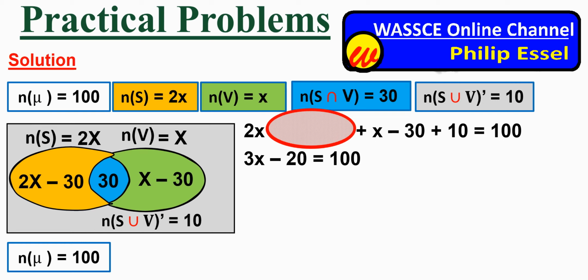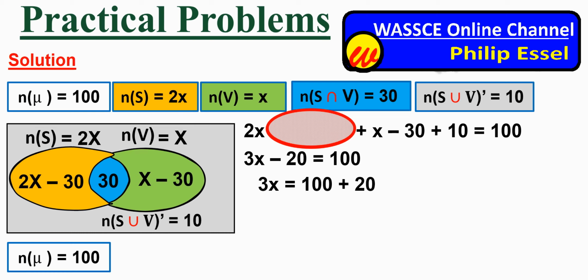Then we would have 3x standing alone on the left side of the equation. So that will give us 3x equals 100 plus 20. 100 plus 20 is 120.